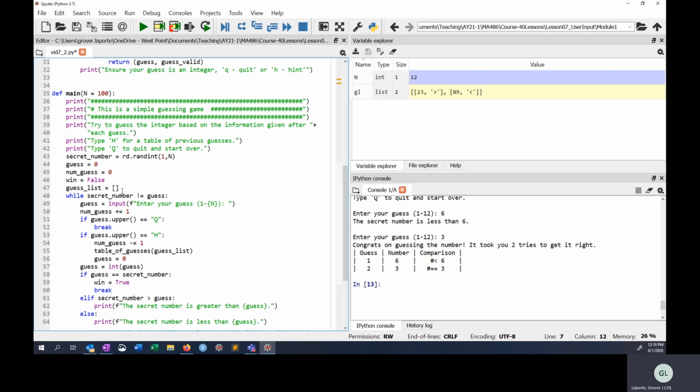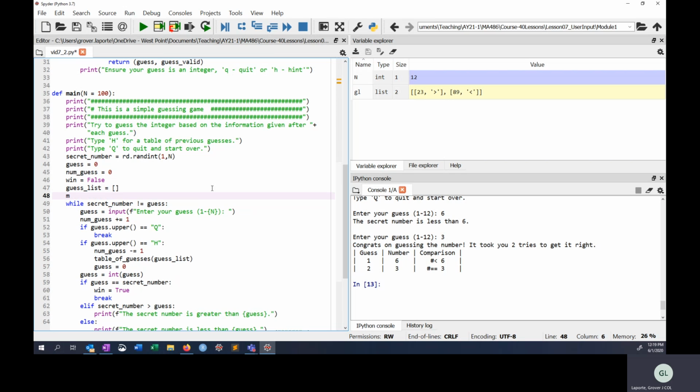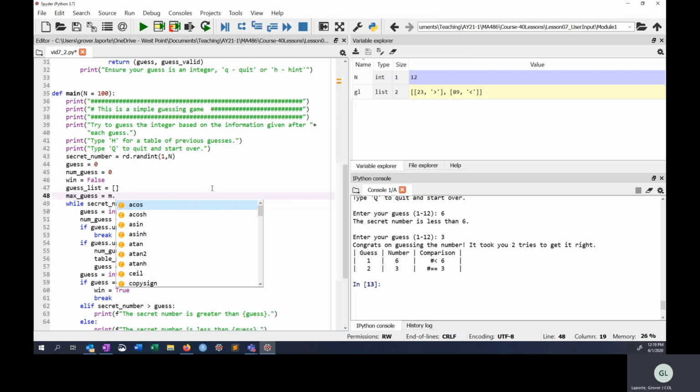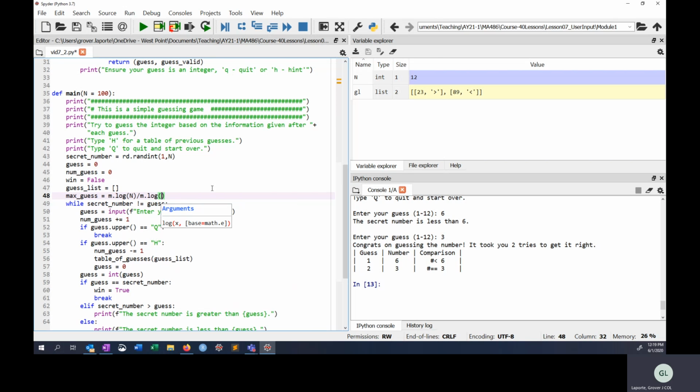So the first thing I'm going to change here is I'm going to give it a max guess. Just like we talked about a second ago, it's going to be m.log. Log is the natural log. You could use either one, it doesn't matter because you end up dividing.